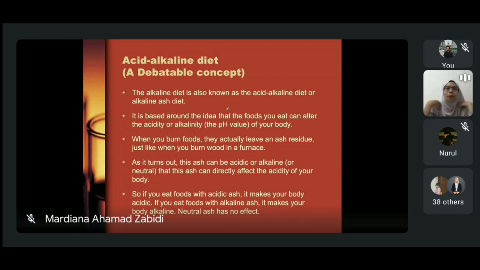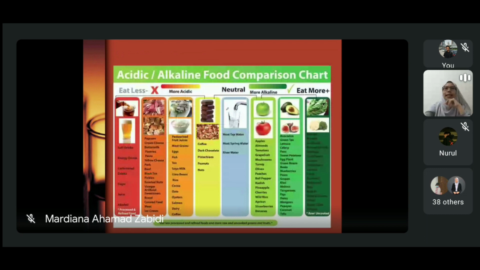Maybe you disagree with my opinion, but in my opinion, of course in your slide there is an acidic alkaline food comparison chart whereby you need to eat less acidic food, and you need to eat more alkaline food or neutral food. It is true because everything that you consume must be in moderation. Regardless whether it is acidic or alkaline or neutral, everything must be in moderation.